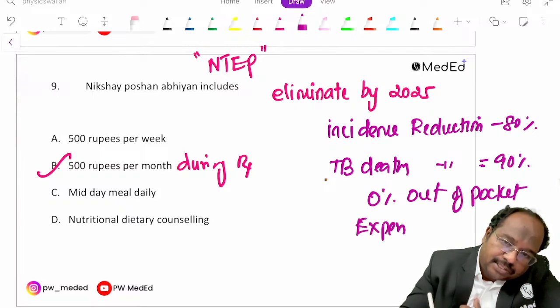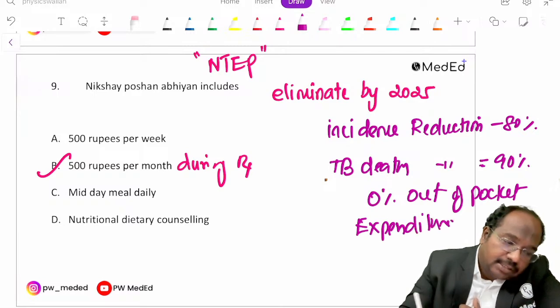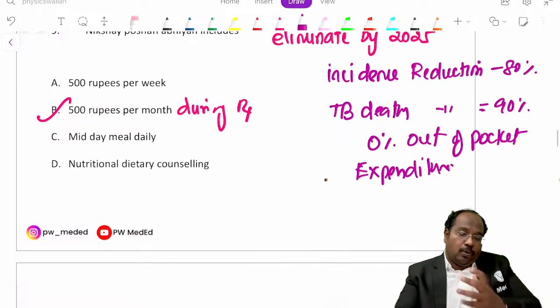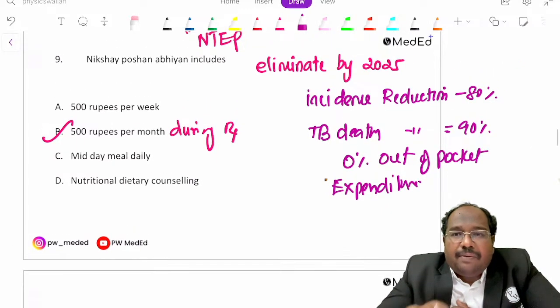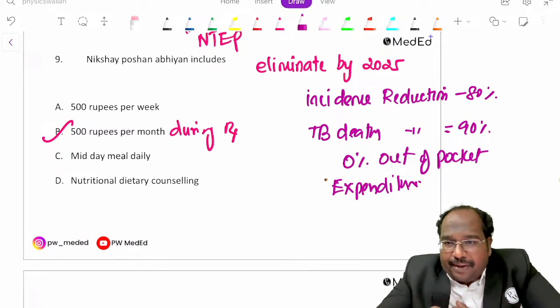Okay, 0% out of pocket expenditure. These are some of the targets we want to achieve. Ultimately we want to eliminate TB by 2025, guys.